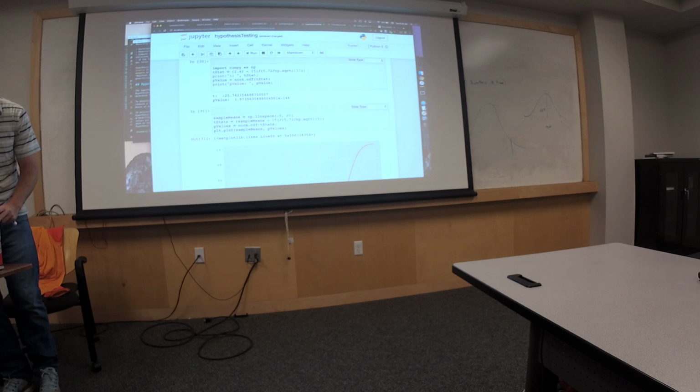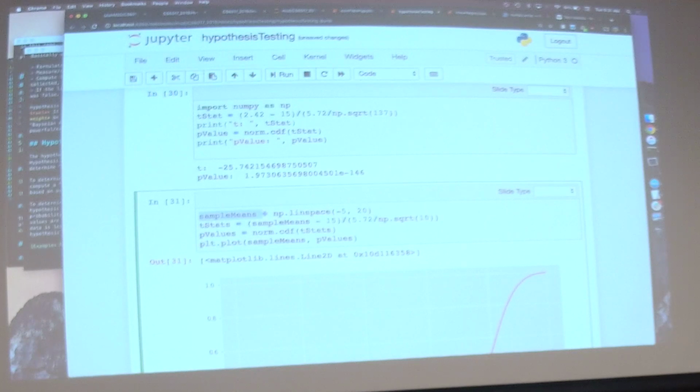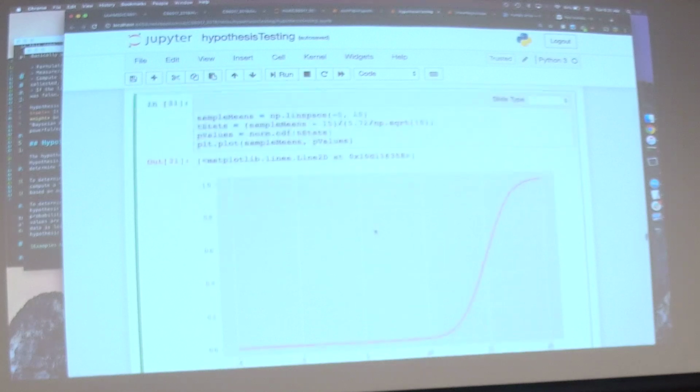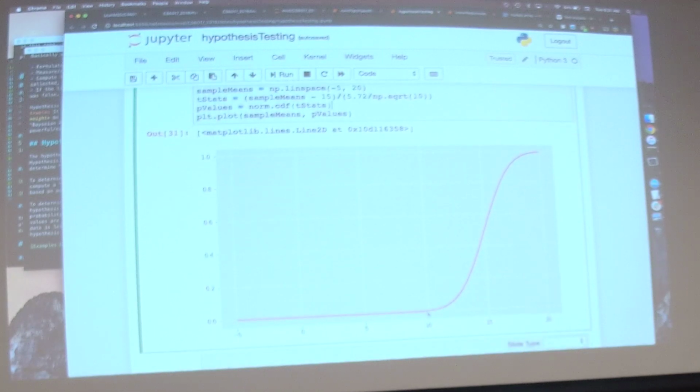Basically what we're saying is, what would our p-value be if the measured weight difference were x? Okay, and then we're looking at the t-values, or the p-values. So if my average weight gain is about 10 pounds, that's when I'm starting to think, okay, maybe the real average is 15.